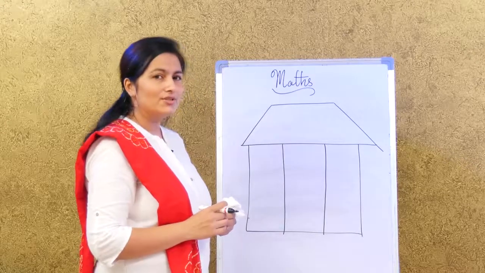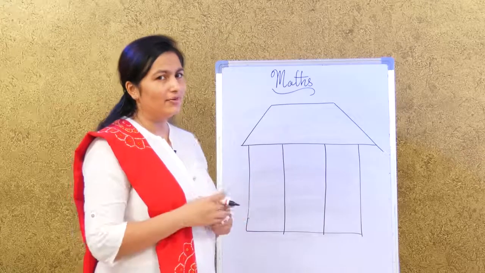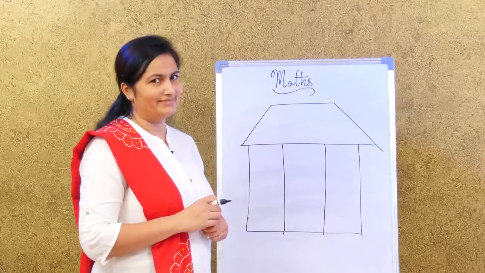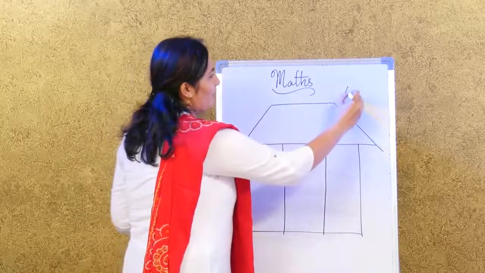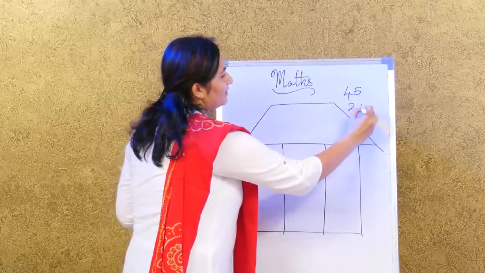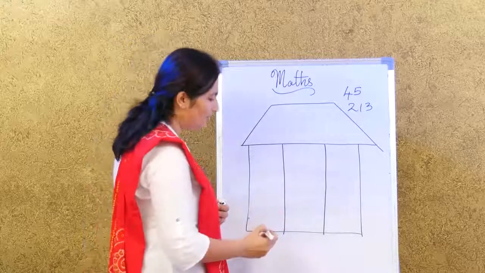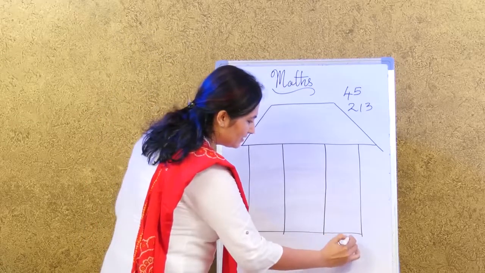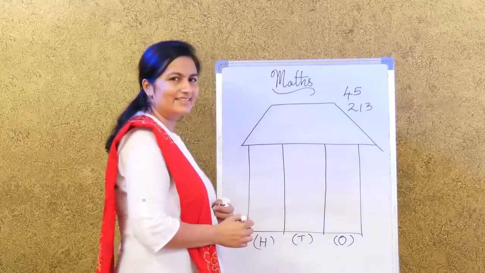So, we are going to try 2 of the examples. Like I said, we are just reviewing what you remember. Let us take the examples 45 and 213, 2 examples from your textbooks. Let us mark this: this is the ones, this is the tens, this is the hundreds.